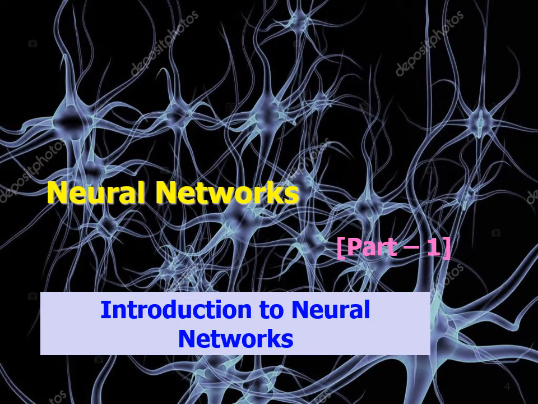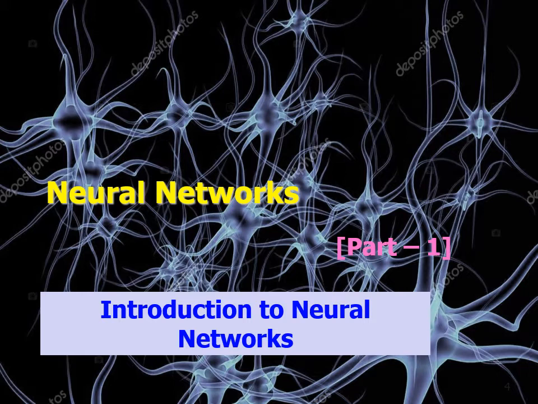Neural networks is one of the popular areas in machine learning and pattern recognition, because it has the capability to represent and learn highly complex and non-linear functions. As the name suggests, neural networks were inspired by the functioning of the human brain, or neurons in the brain.